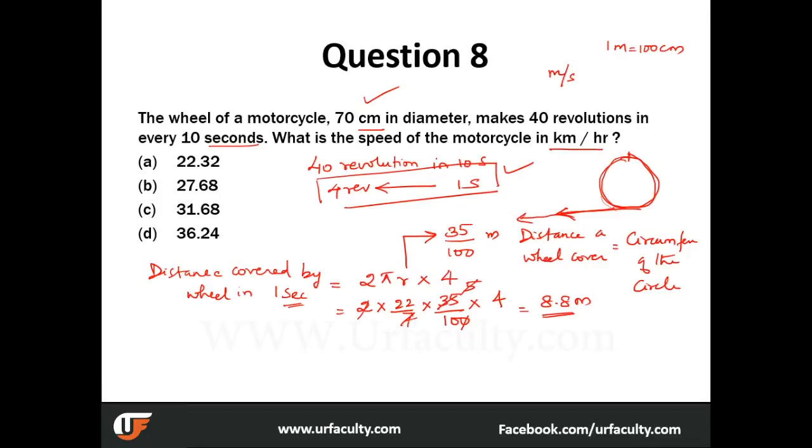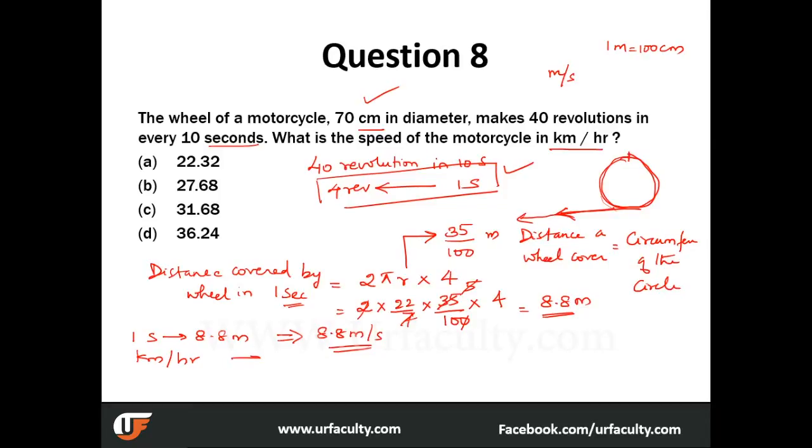So distance covered by wheel in 1 second is 8.8 meter. So what does that mean? In 1 second, if it covers 8.8 meter, what is the question they asked? They asked kilometer per hour. So this gives you 8.8 meter per second as the speed, right?